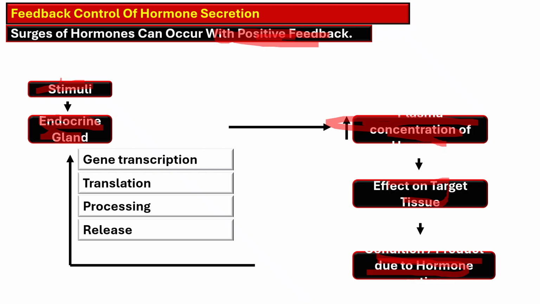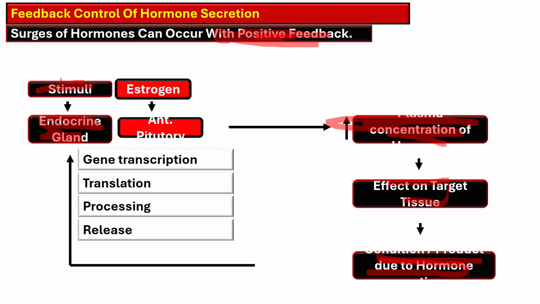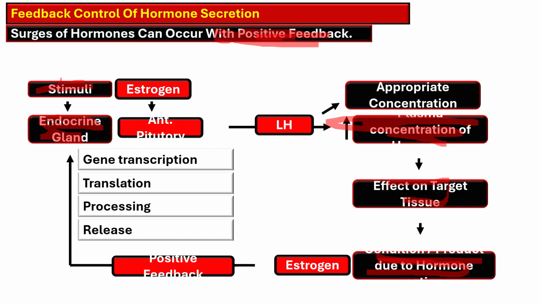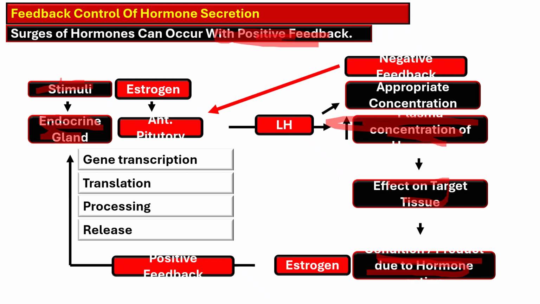Now, instead of inhibiting the endocrine gland, for example, the estrogen that is produced after the stimulus from the anterior pituitary under the luteinizing hormone is released, and this estrogen provides a positive feedback, so more estrogen is released, and appropriate concentration of the luteinizing hormone is attained.